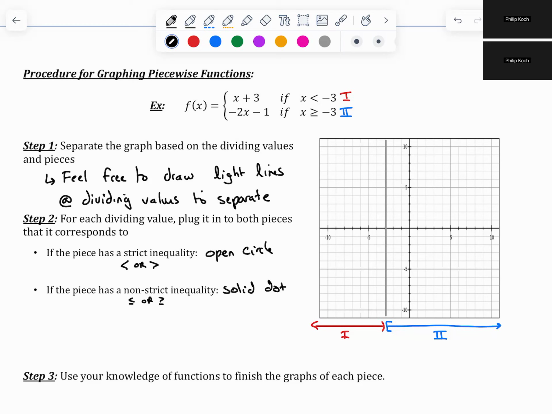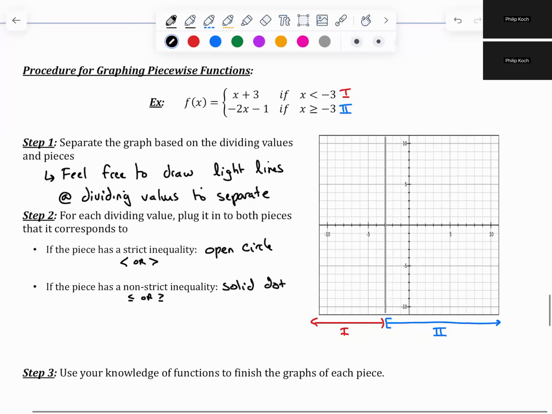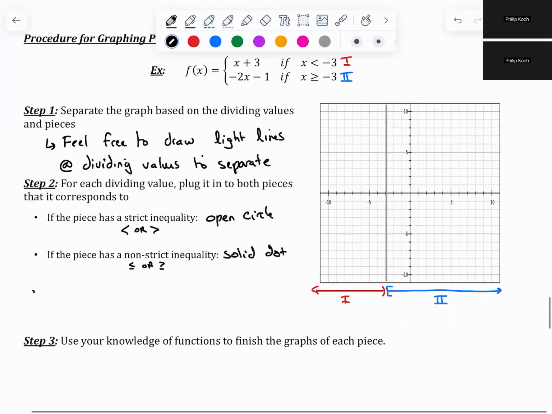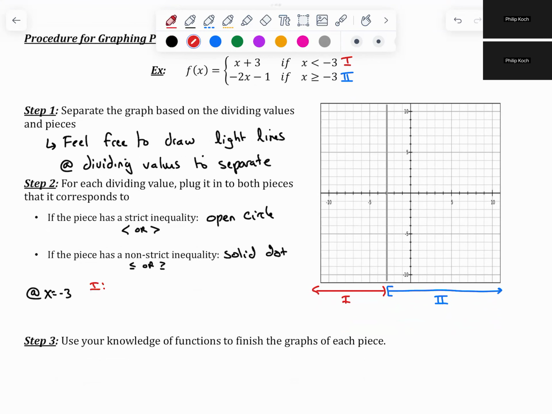All right. So there's only one dividing value for this function. There is x equals negative 3. So at x equals negative 3, if I were to plug it into piece 1, it's not part of piece 1. Yes, true, 100%.